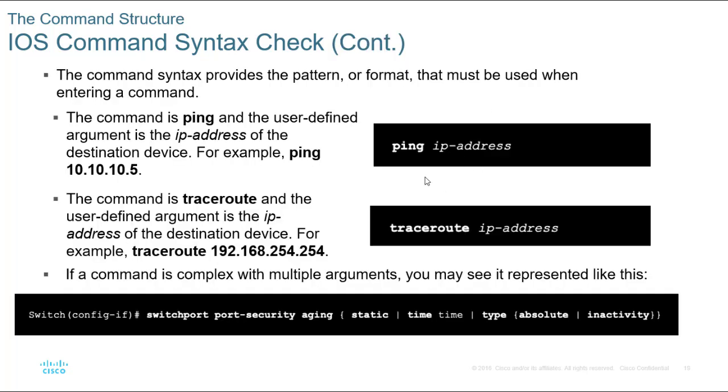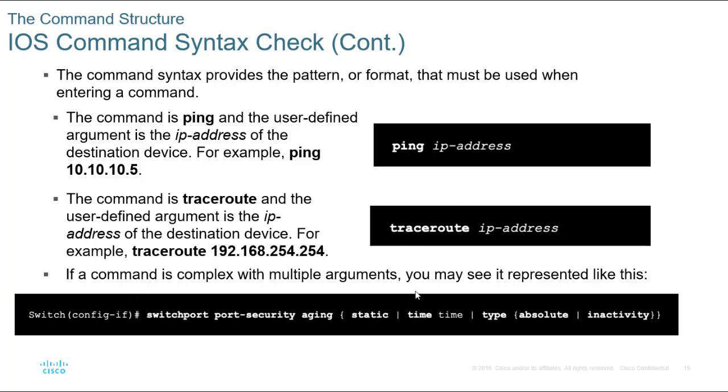To illustrate this, for example, ping is in bold as shown, and then IP address is in italics, meaning it's an argument that you as the user provide the value. Same as with traceroute, which is used to trace the path through a network. Again, that would be the literal command, and then in italics means you supply the IP address of the destination that you want to trace all the hops to.